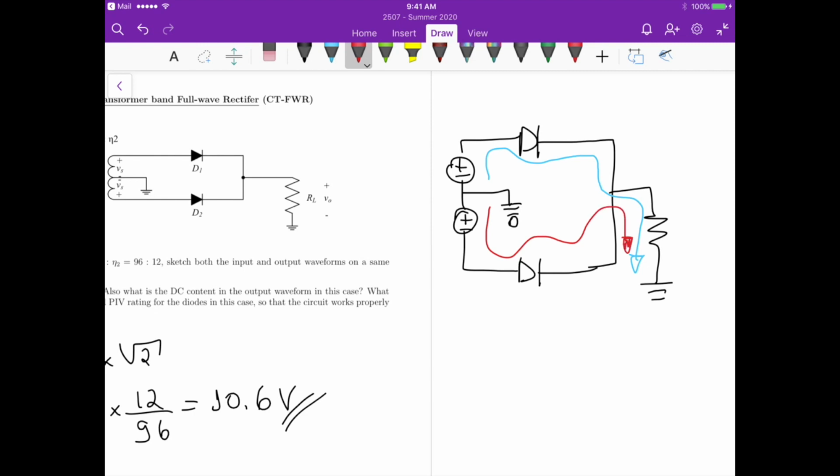Again, if diode 1 was then conducting, we would have a current flowing here, but it blocks that current, so that current doesn't flow. So during both conditions, when diode 1 is on or diode 2 is on, we have the current flowing in the same direction through the load, right? So because they are ideal, it basically fully converts the negative half cycle to a positive half cycle across the load.